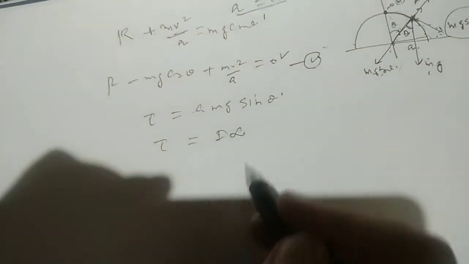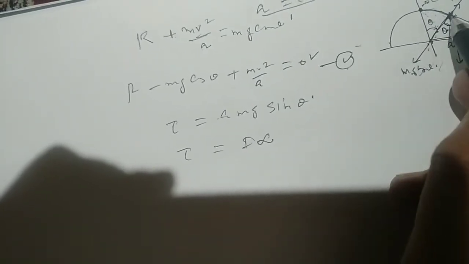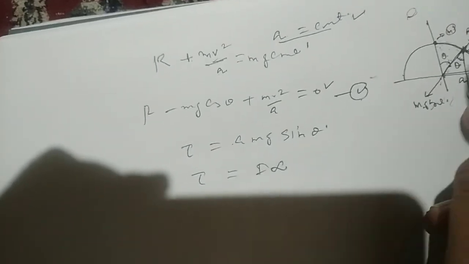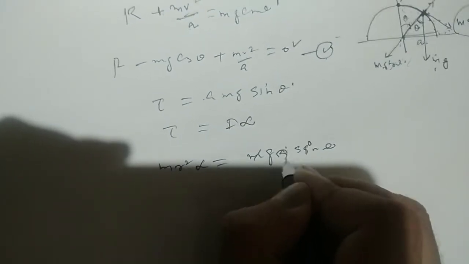If I equate these two equations, for this particle motion, the moment of inertia is simply m r square, so m r square alpha equals mg a sine theta, that is, mgr sine theta.